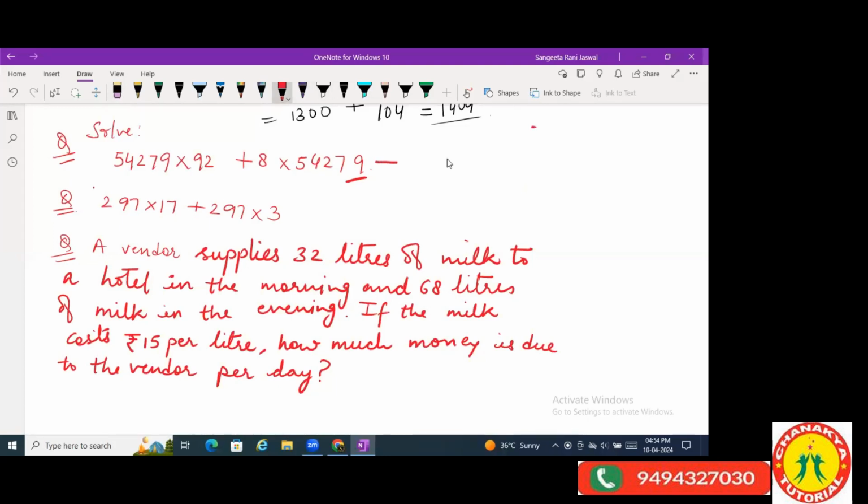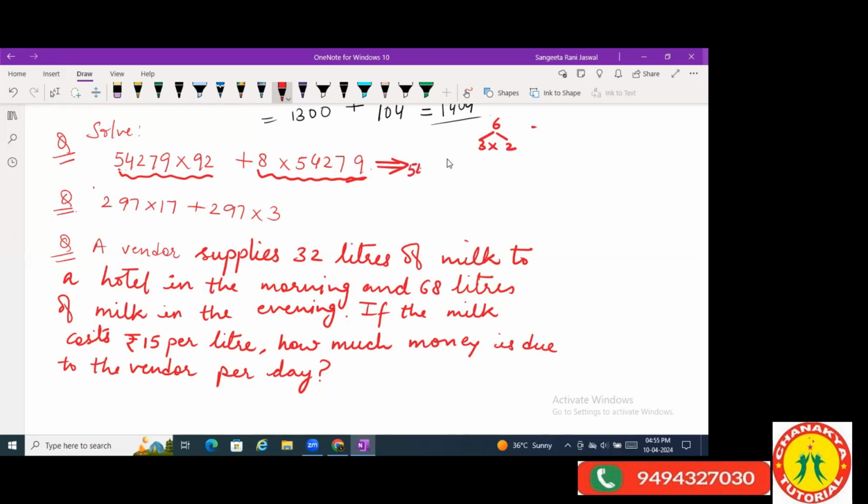Now look here, how will you do the first one? Please pay attention. You can see this is one term, this is another term. This is split like this number multiplied with this. Suppose I had 6 here and I have split 6 into 3 multiplied by 2. Now I can see I have this number 54279 here also. So this number is common in both the terms.